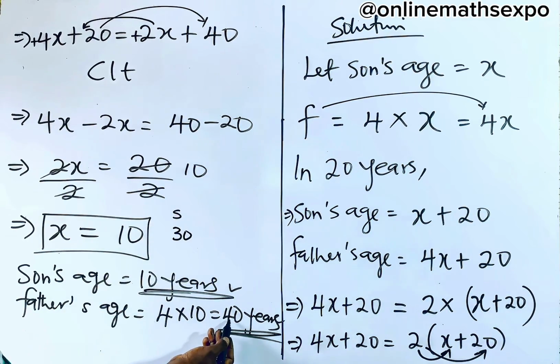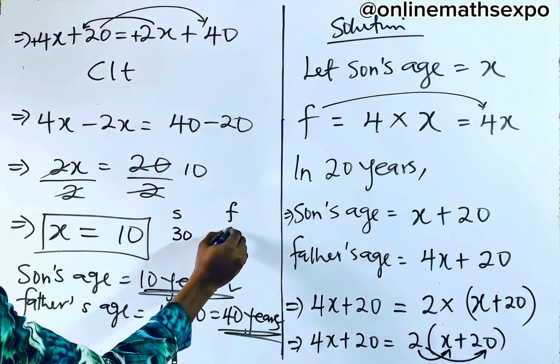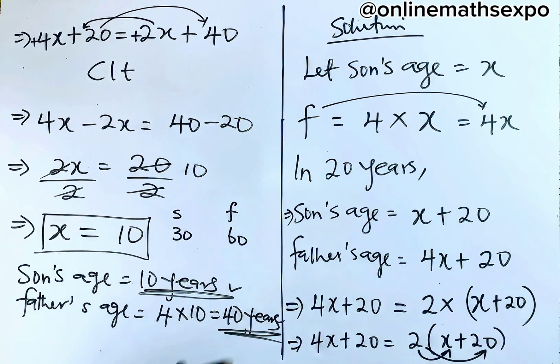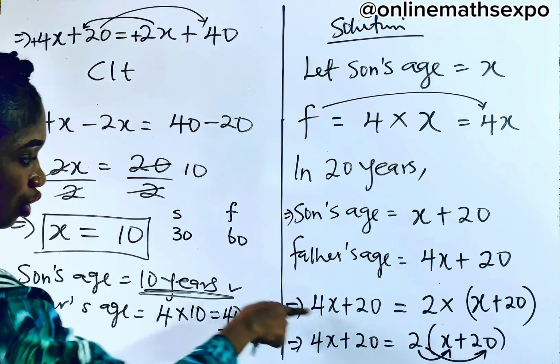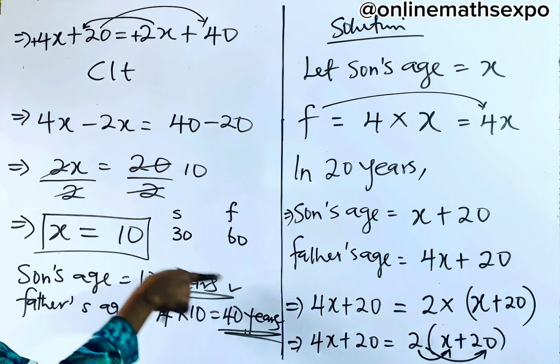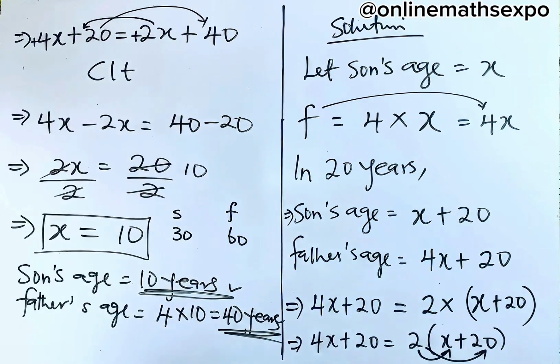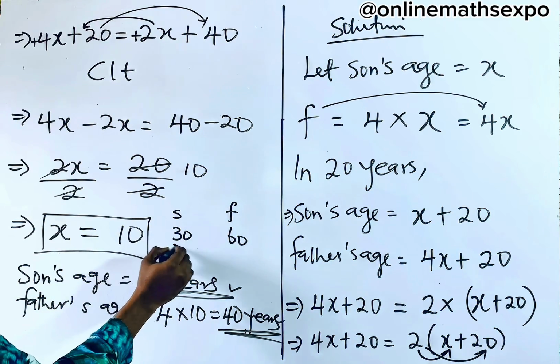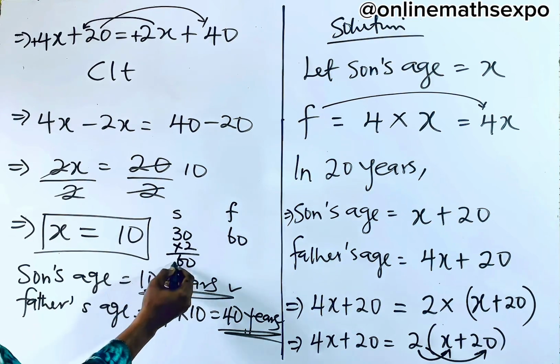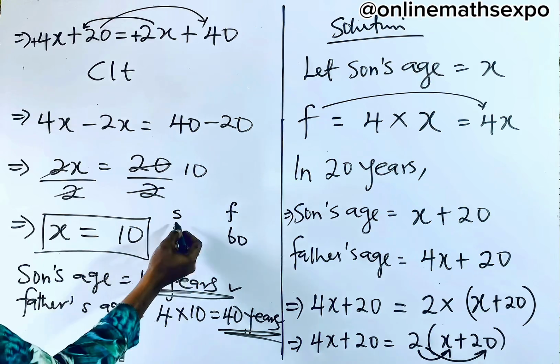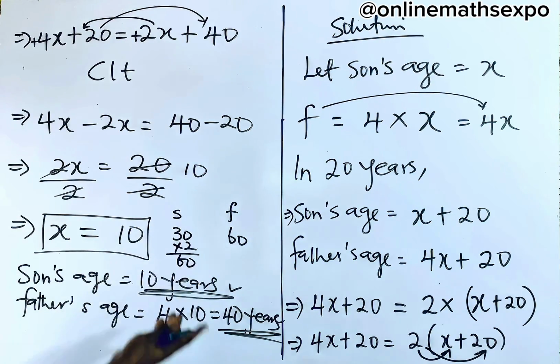And if you add 20 to the father, it gives you 60. And the question says the father is 2 times the son. You see that when you times 30 by 2, it gives you back 60. So the father will be 2 times the son in 20 years, which is just what we have shown.